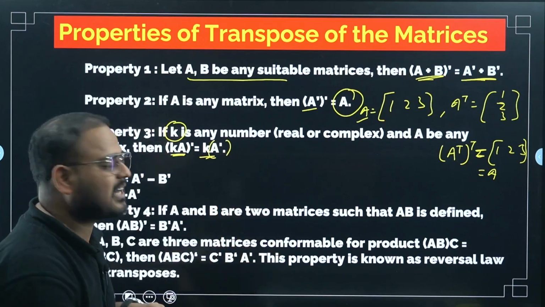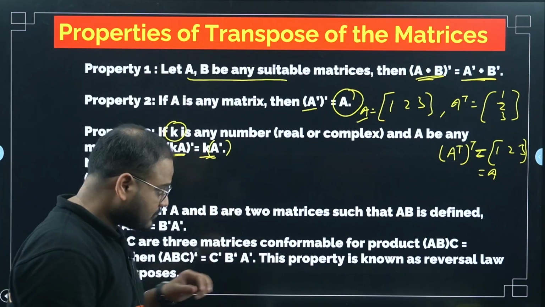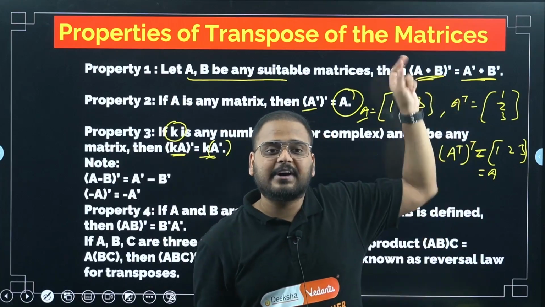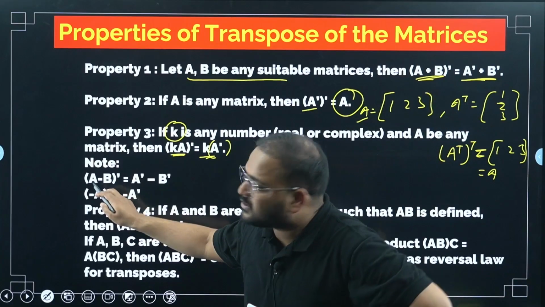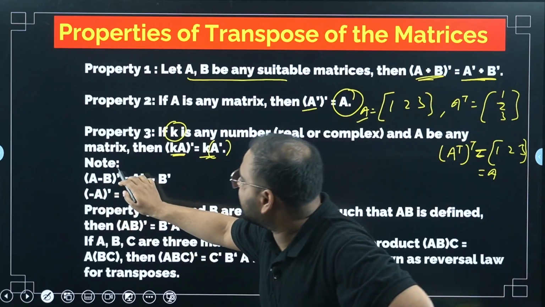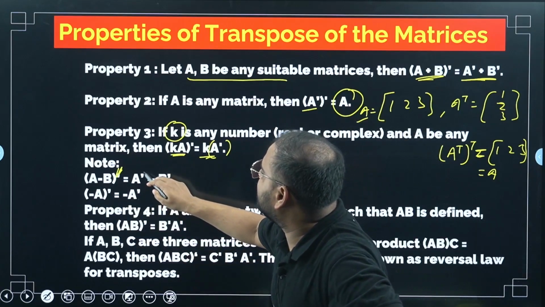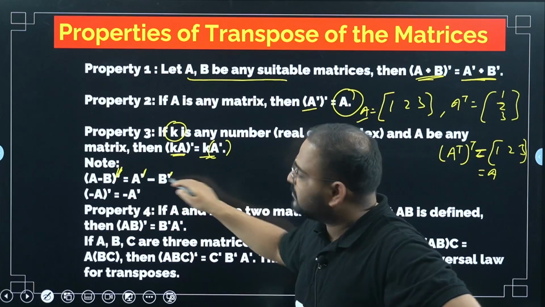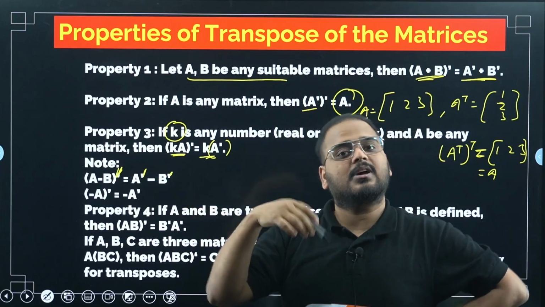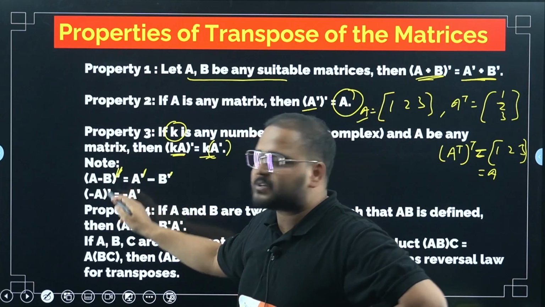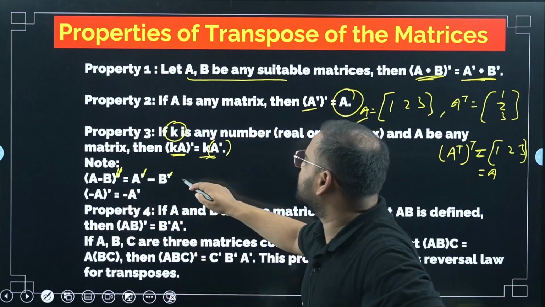Again, the same rule is valid in subtraction also. So if you subtract the two matrices first and then take the transpose, it is same as taking the transposes first and then subtracting: A transpose minus B transpose. So this rule is also true.